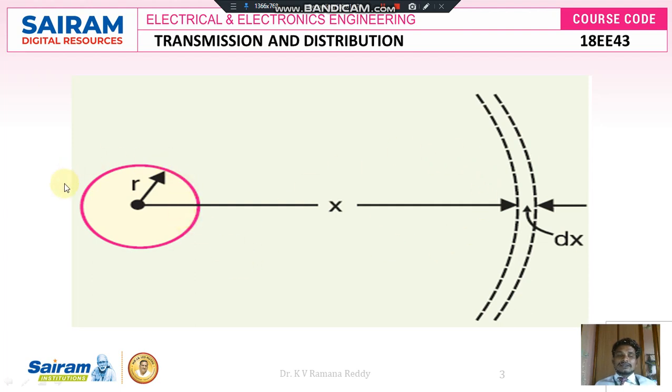In this figure, this is one conductor. Here I am showing the front view of the conductor, and R is the radius of the conductor. There are two other conductors represented with dotted lines.